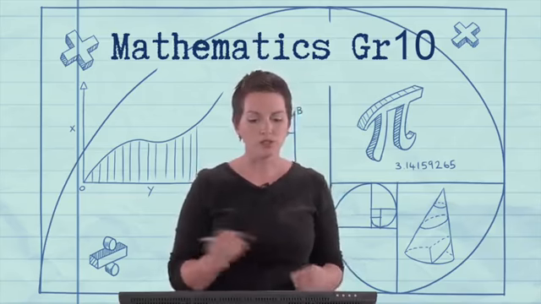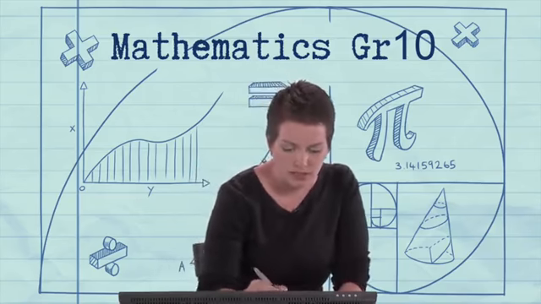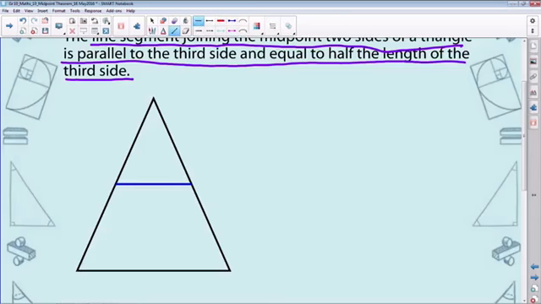Okay, so to prove this, I'm going to make a construction, and a construction is a drawing that I'm going to add myself. Let's not start with that line. Let's just get rid of it quickly. I'll drag it to over here.